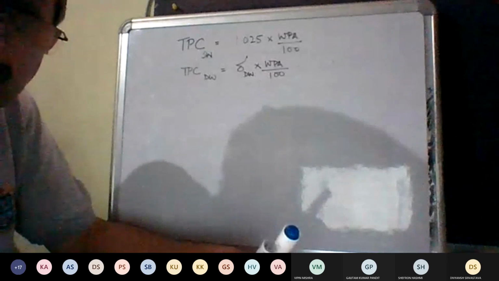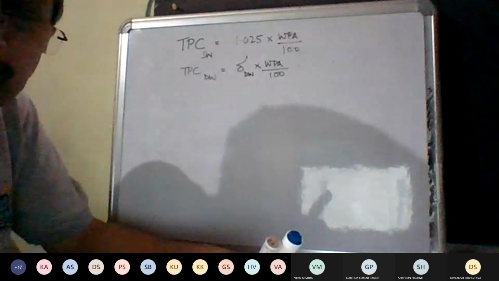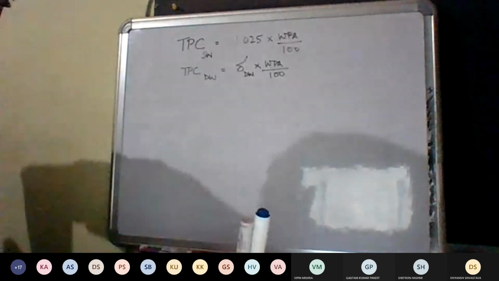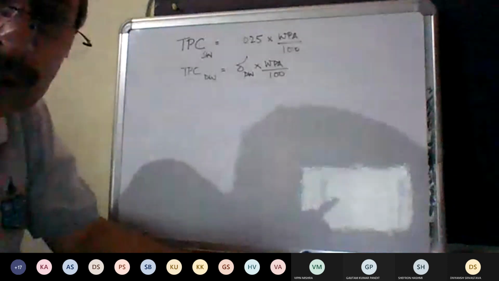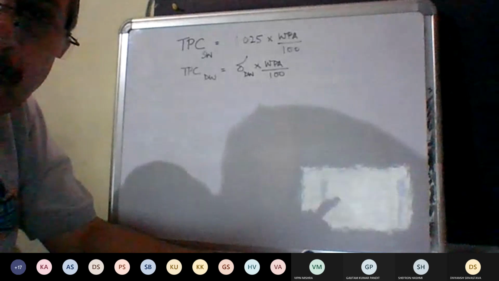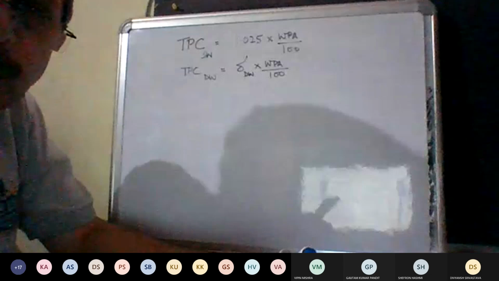Supposing it is 20 tons. The TPC of Hinge ship is approximately 20 to 21 tons. That means if I load 21 tons, the draft of Hinge ship will increase by 1 centimeter. So similarly, try to remember what your TPC of the last ship was.